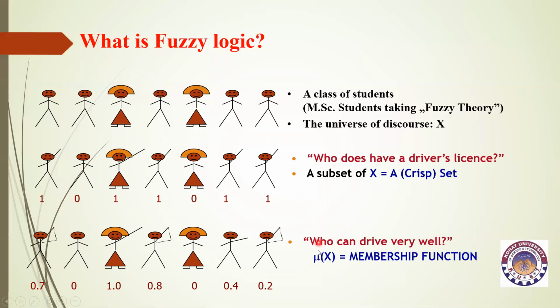But when the students are asked who can drive very well, they cannot answer this in crisp values of zeros and ones. Rather, they will define their expertise in degree form, that may be in between 0 and 1.